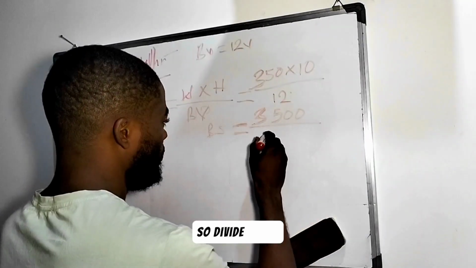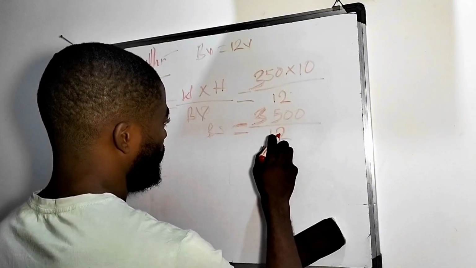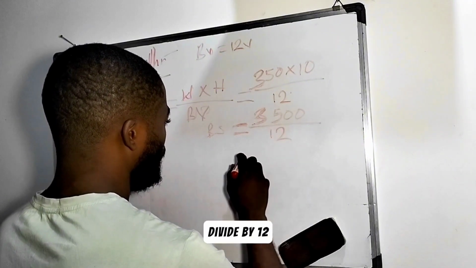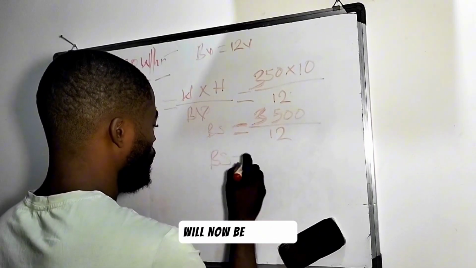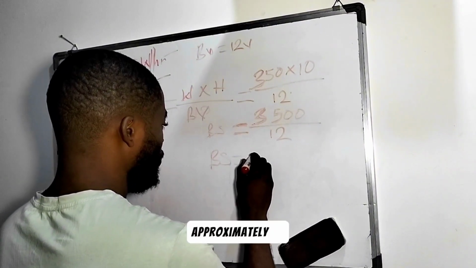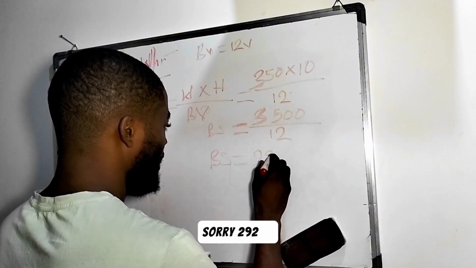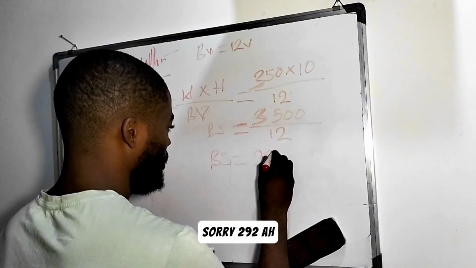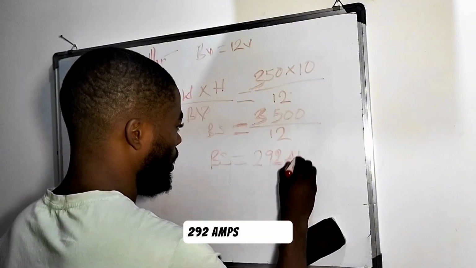Divided by 12 volts, 3,500 watts divided by 12 gives us a BS of approximately 292 AH, 292 amp hours.